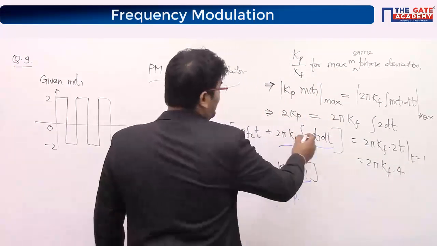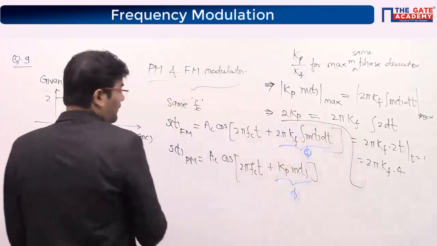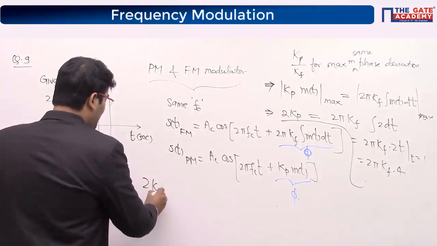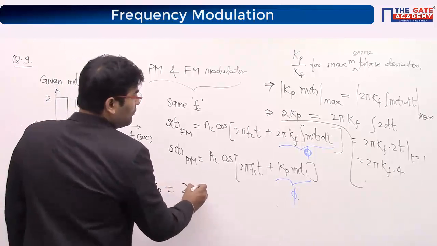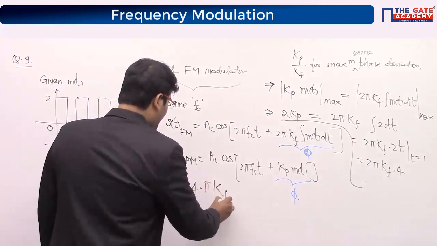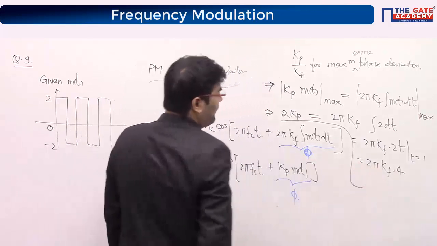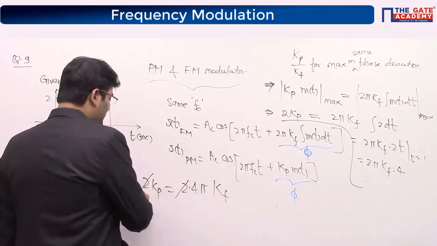So we'll get 2 pi Kf into 4. If I just take this and write from here, 2 Kp equals 2 into 4 pi Kf. Correct, guys? 2 into 4 pi. The 2 cancels.